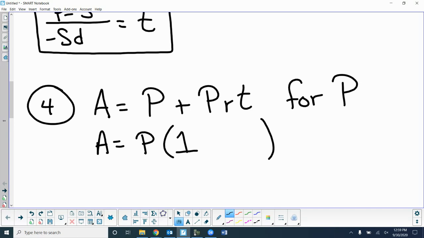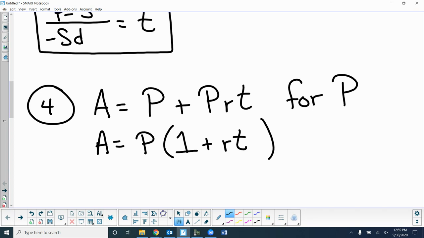And then PRT divided by P will just leave me the R and the T. So it looks like that when I factor out that P. Okay, so if you get one of these on the quiz Friday, where you get multiple letters of the one you're supposed to get by itself, if there's other stuff without P, move it over, and then leave the stuff with the P's, or whatever you're looking for, and factor that letter out. Then you go from multiple ones to one of them.